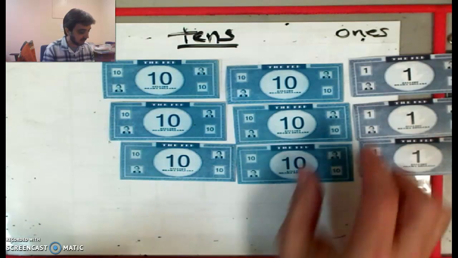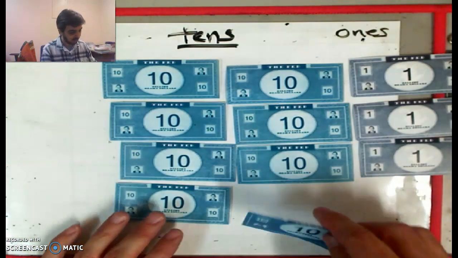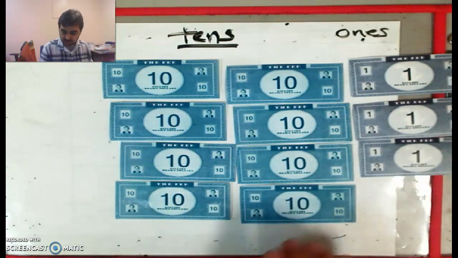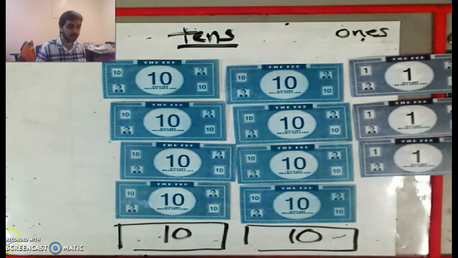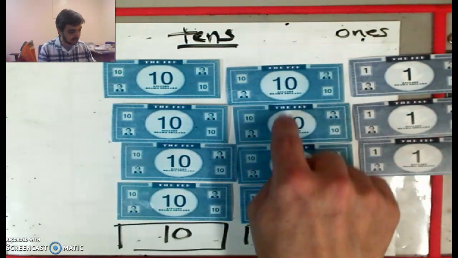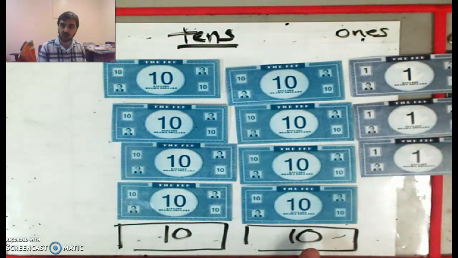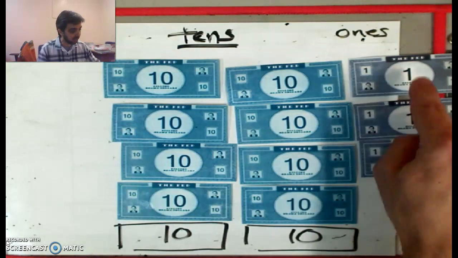If I added some more tens, 60, 70, 80. I need 2 more tens. Let me find 2 more tens. Hold on a second. All right. Sorry, boys and girls. I couldn't find my other tens. So I'll just draw in 2 tens. So now I have 10, 20, 30, 40, 50, 60, 70, 80, 90, $100. Because that's 10 tens. Right? I have $103.